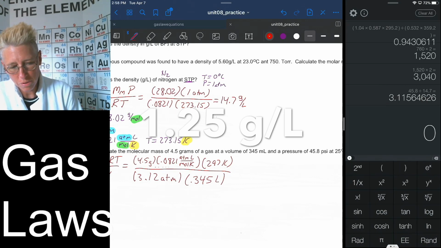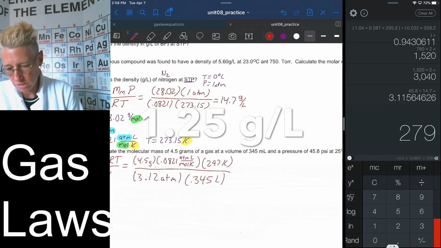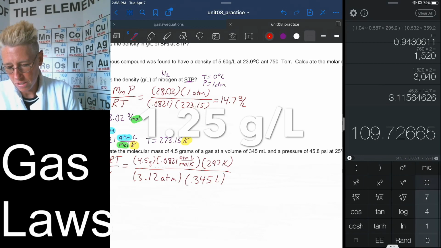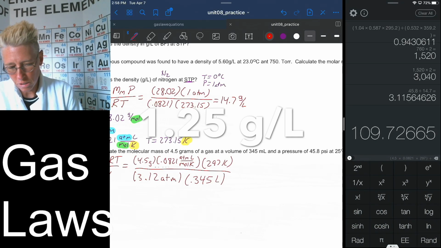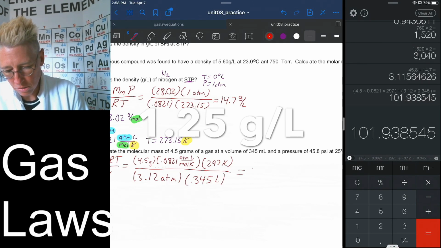So we're going to calculate all that out. I'm going to start with my parenthesis, 4.5 times 0.0821 times 297, close my parenthesis. Oops, I see I made an error, so let's do that again. So we're going to take 4.5 times 0.0821 times 297, close my parenthesis, and then hit divide, start my parenthesis, 3.12 times 0.345, close the parenthesis, and we get 101.9.